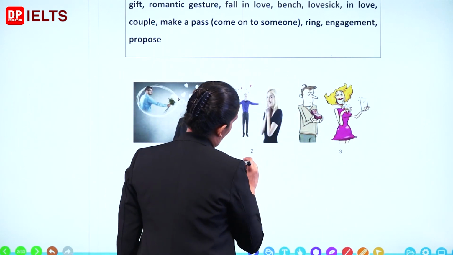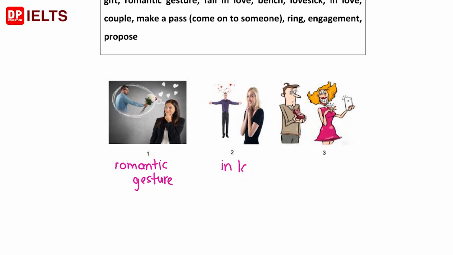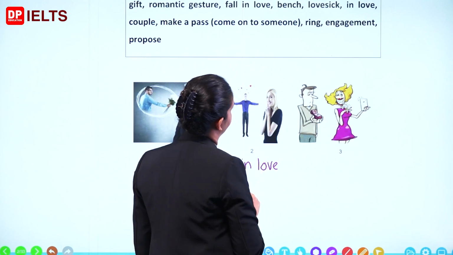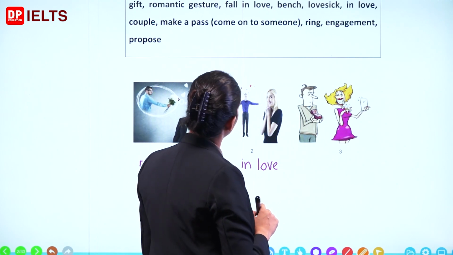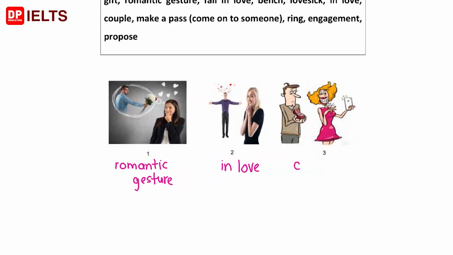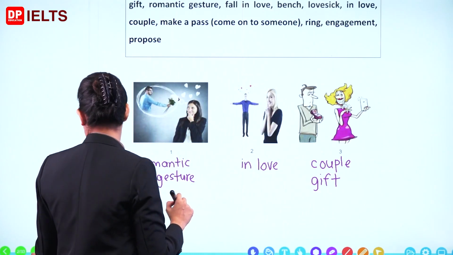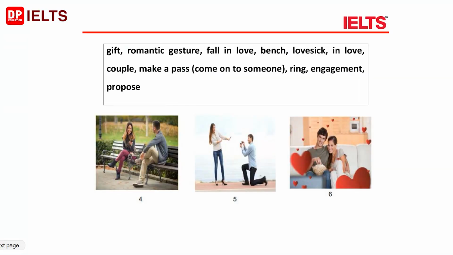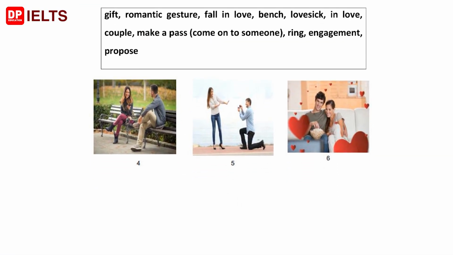This could be that someone is in love. This could be couple gifts. Okay. You could use those words. Next one, make a pass. That means you're just talking to someone, trying to impress someone. Make a pass.